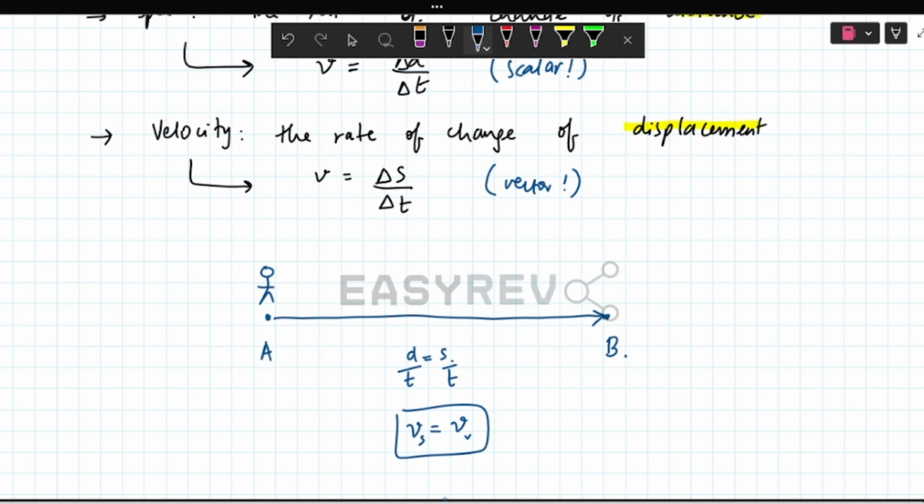So the only difference between the two is that velocity is nothing but a speed with direction. So this is just a simple thing to keep in mind, but it will help us especially when it comes to solving more complicated questions as they appear later on.